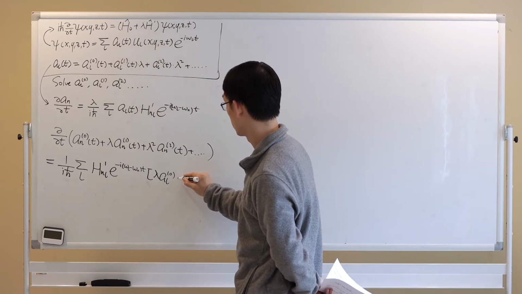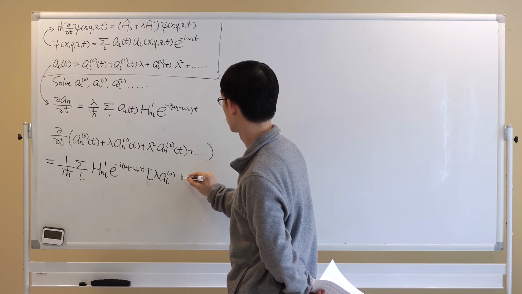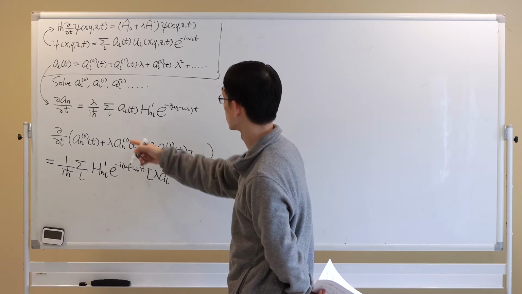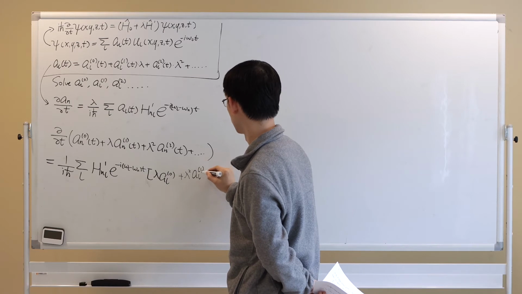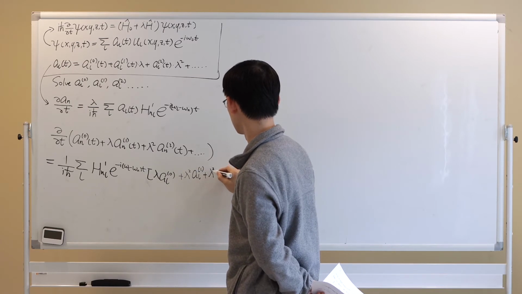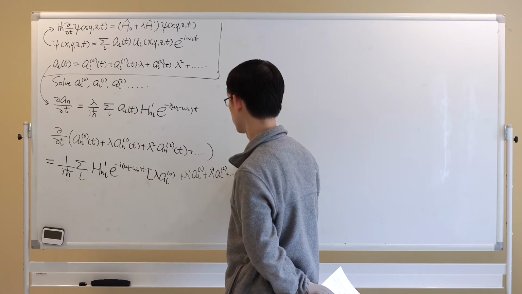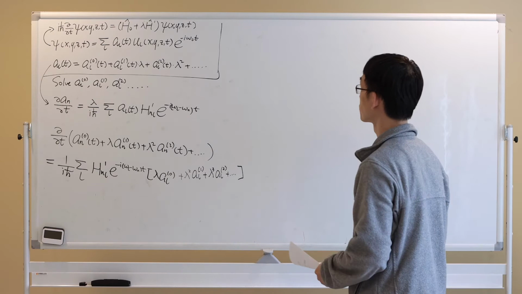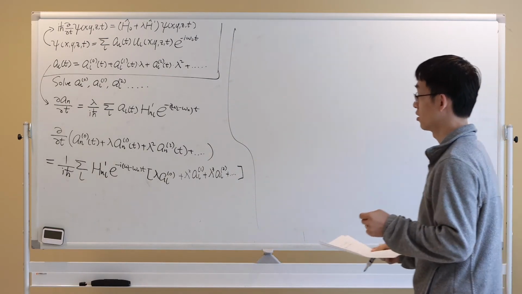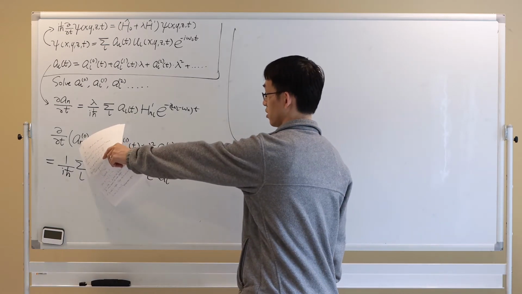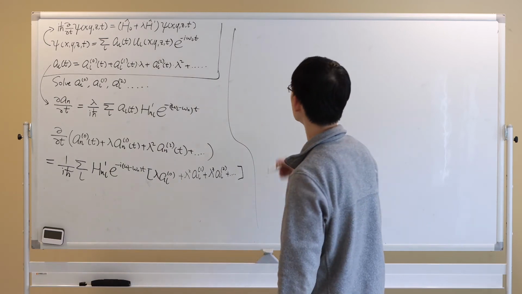Plus lambda square, because it's lambda times lambda, A_L1, plus lambda the third, A_L2, and keep going. So now what you do is you pick the terms with the same order, and then put them into equations.